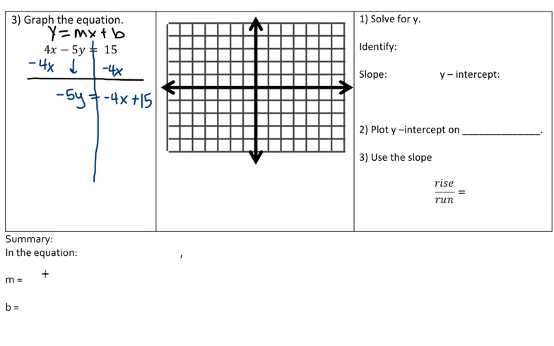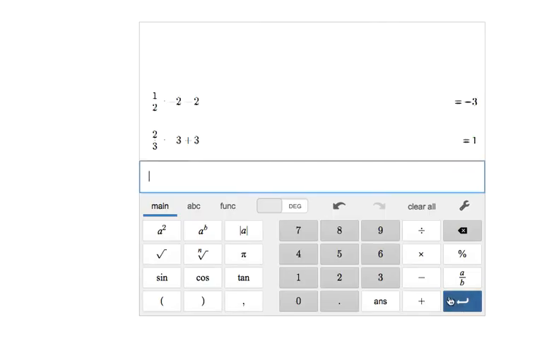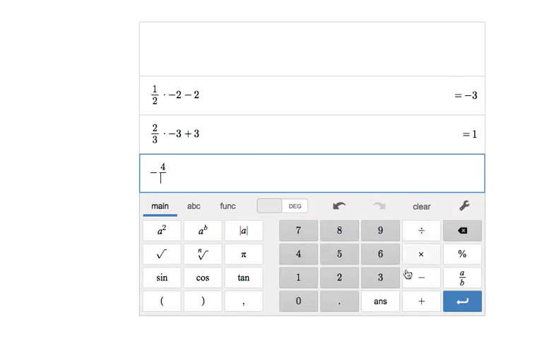Remember, that's why we call them literal equations. Now to undo multiplying by -5, we divide by -5. Over here, we're going to divide each part by -5. Okay, and our final answer would be y equals, now -4 over -5, if I go to Desmos and do -4 over -5, it gives me a decimal.